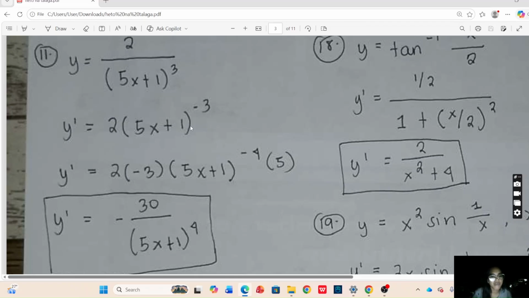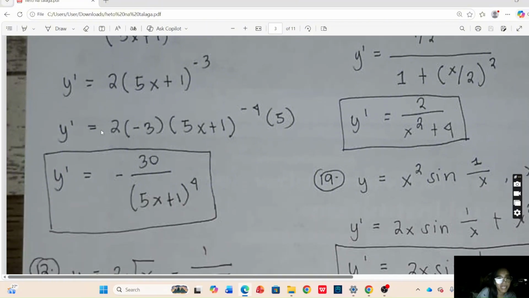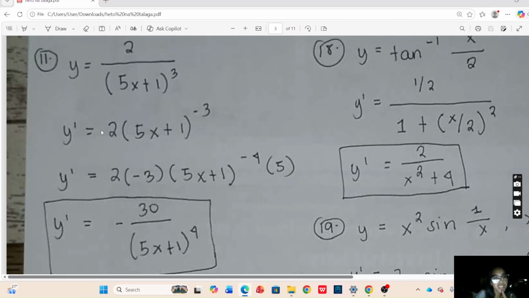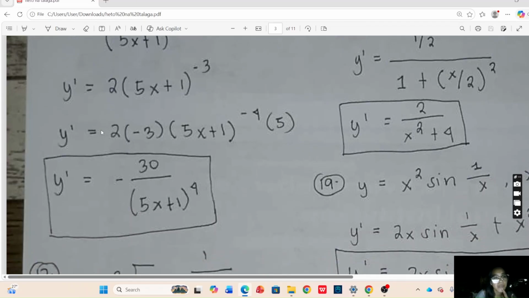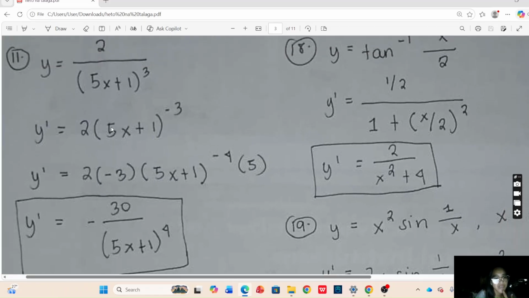First, let's rewrite using negative exponents, since this is in fraction or quotient form, and transform it into multiplication for it to be easier to solve. So y prime is equal to 2 times the quantity 5x plus 1 raised to negative 3.